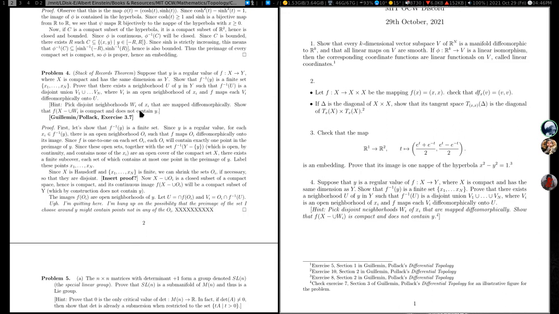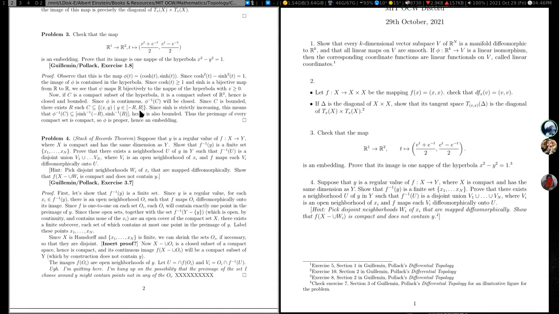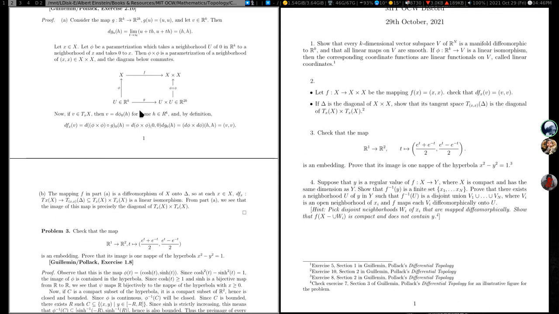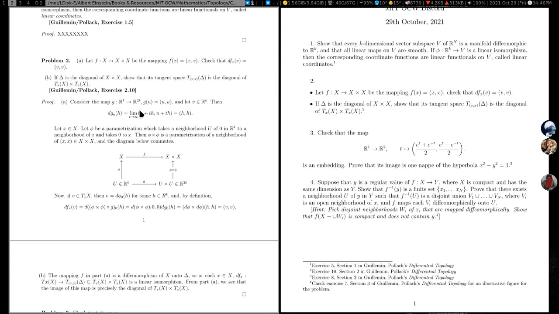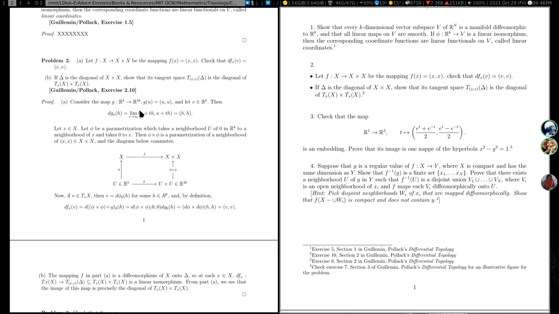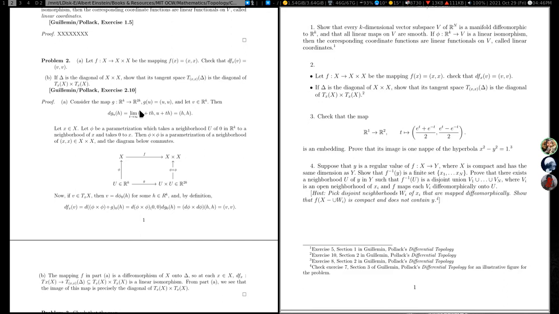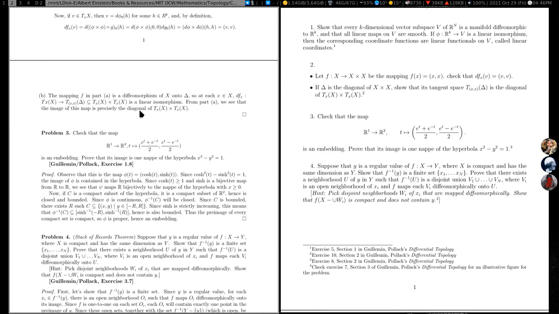So, shall we move on to the third problem? Or should we do the second one? I've got some questions about the second one. Oh wait, I take it back. I have questions about the third one. I kind of feel like I might have overcooked the second one.